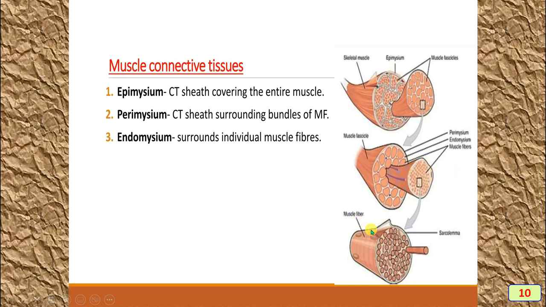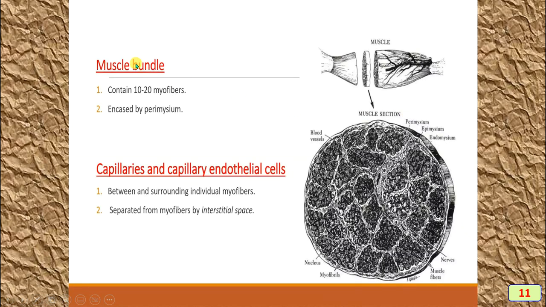So it's a bundle of muscle fibers. A muscle fiber consists of muscle fascicles. Now, the muscle bundle contains 10 to 20 myofibrils, small structures encased by the perimysium.